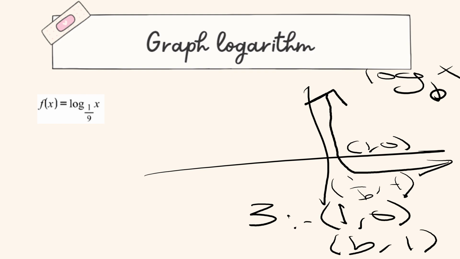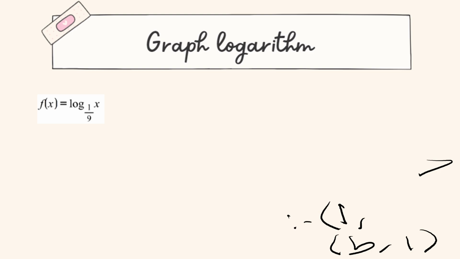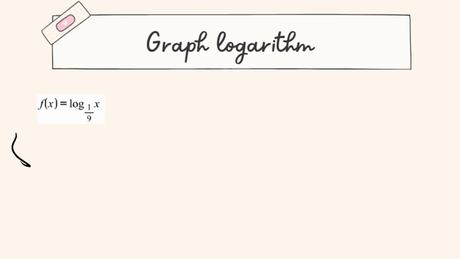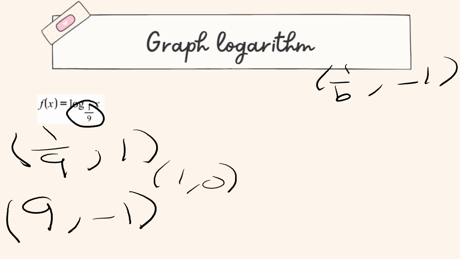So let's draw this function, where b in this case is 1 over 9. Let's try the 3 points that I just said. (b, 1), which is (1 over 9, 1), and then (9, -1), because we have a point that says (1 over b, -1), and (1, 0), which is always there, the x-intercept in the logarithm graph.